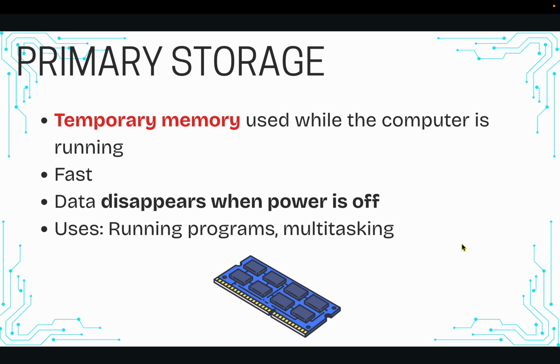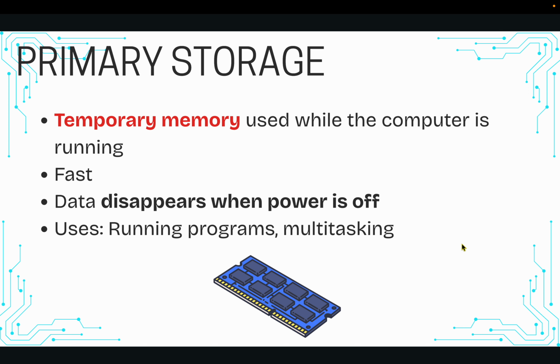So that is what your RAM is. Your RAM is fast. And when I say RAM, that actually stands for random access memory. Most people just know it as RAM instead of memorizing random access memory. But it basically is just a temporary memory. Your data is going to disappear when you turn your power off or when you close your laptop, and then it may restart when you open it.